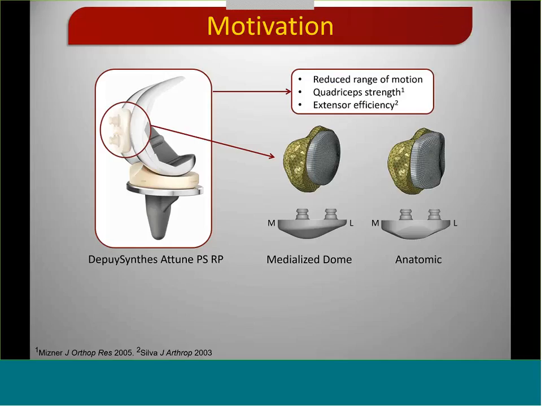The resurfaced patella can also change the effective moment arm of the patella, which can impact patient strength and quadriceps efficiency. And so the objective of the study was to develop a pipeline for evaluation of in vivo patellofemoral mechanics and compare the impact of the medialized dome and anatomic designs on the joint mechanics.